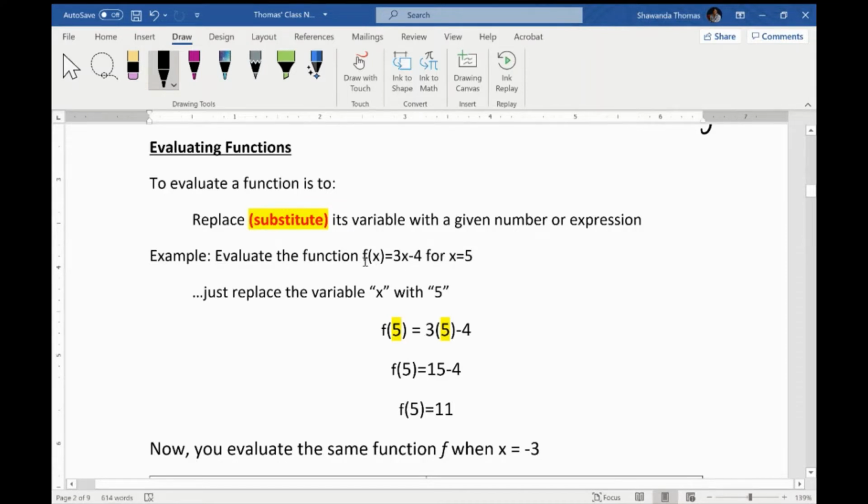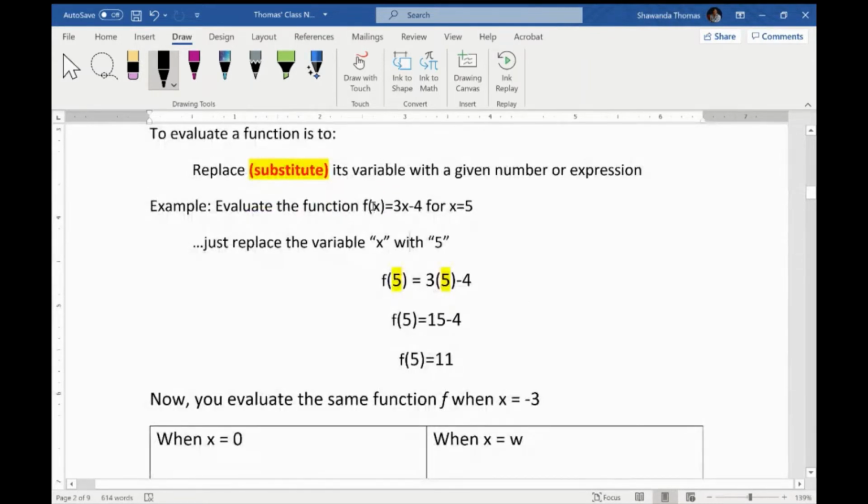All that means is replace the variable x in this right here, replace the x's with a 5. For example, we have f of x equals 3x minus 4 here, and down here I'm replacing, I highlighted it even, the x with a 5. I'm just replacing that x right here with a 5.